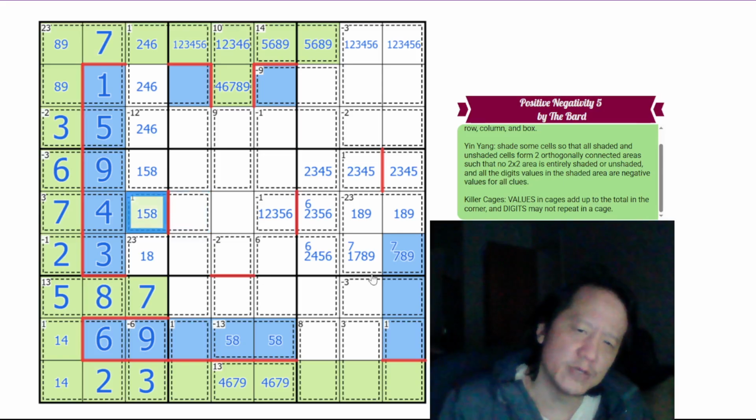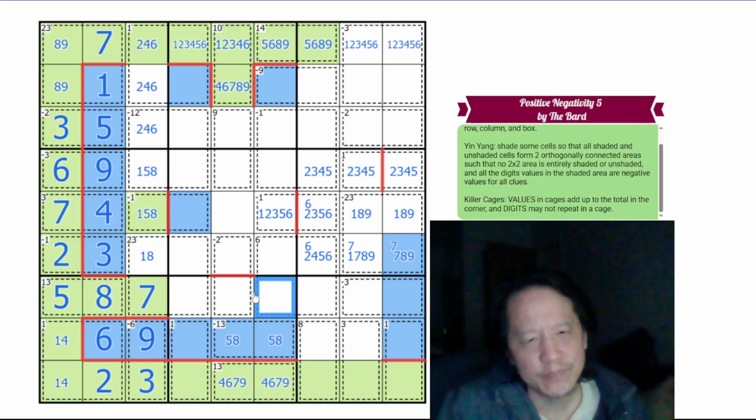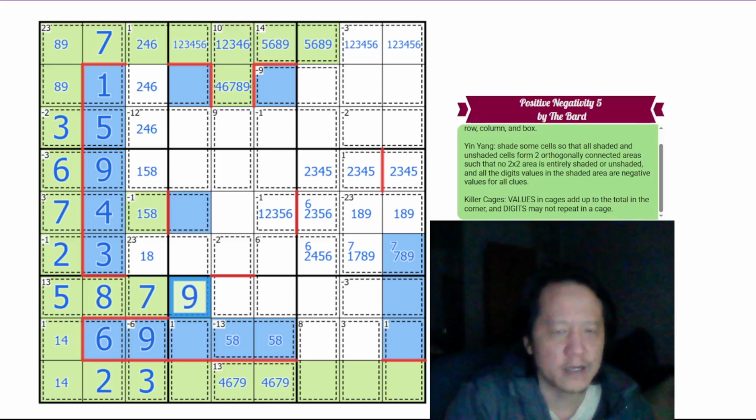Then this has to be green in some way. Yeah, you can't have 2 greens here, because if this is 2 greens and this is blue, so this has to be green here, which makes that 9.